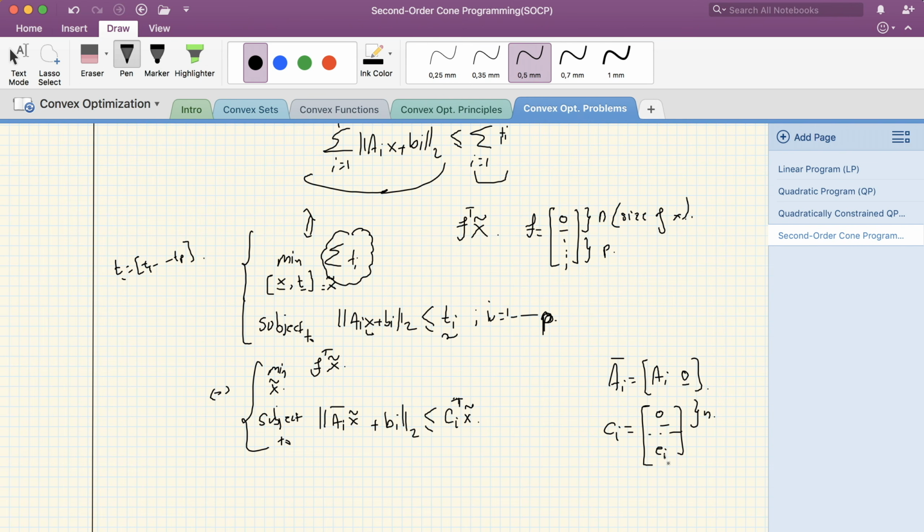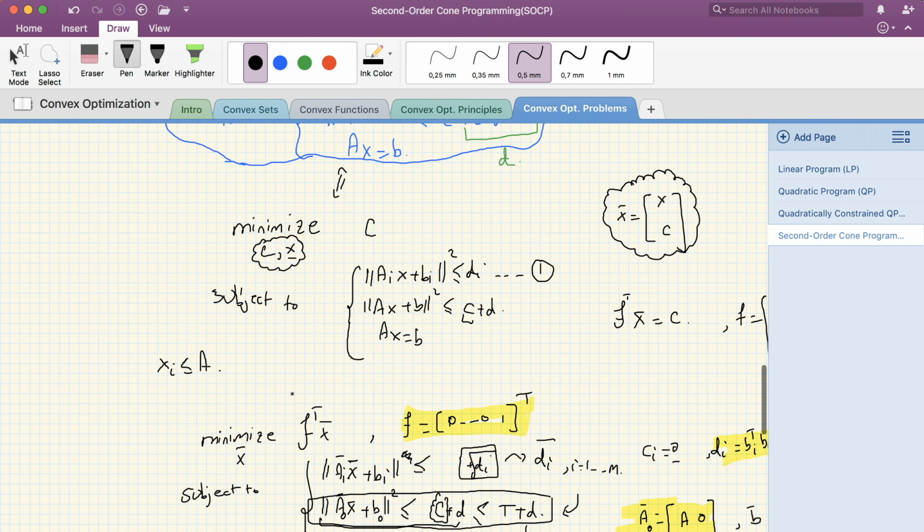And what is ei? It's the classical basis. That is, it contains zeros except one in its ith entry. This means that each time ci transpose x tilde is going to return me a ti. And we've got p of those constraints, and there you go. This guy is an SOCP.